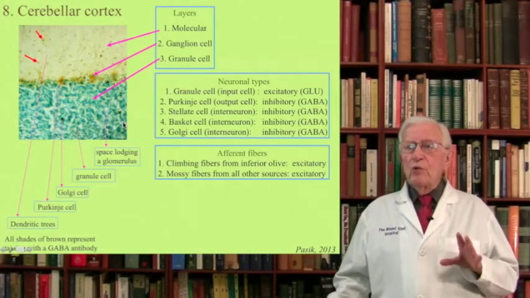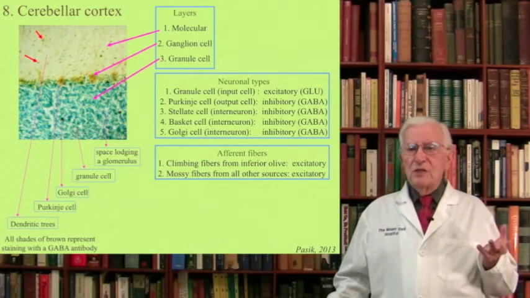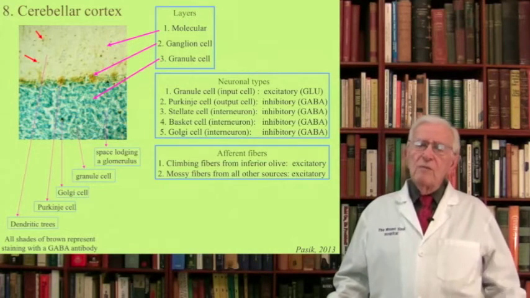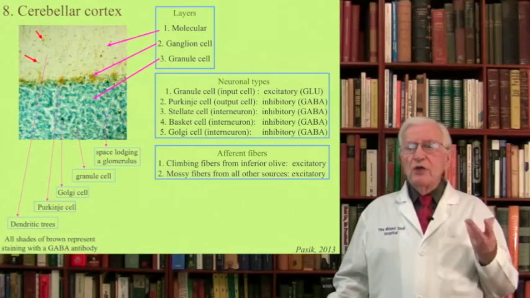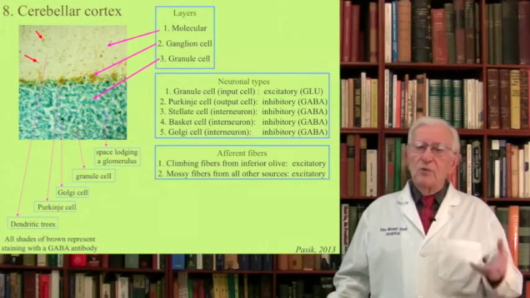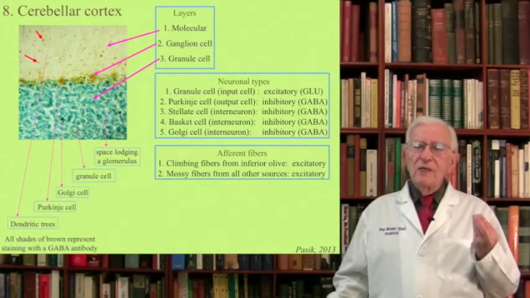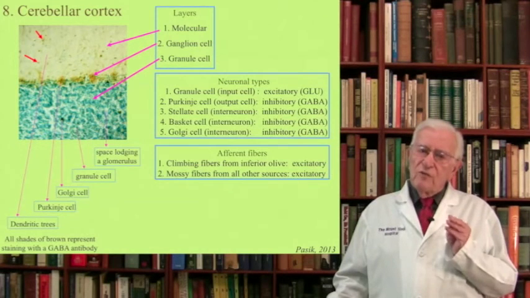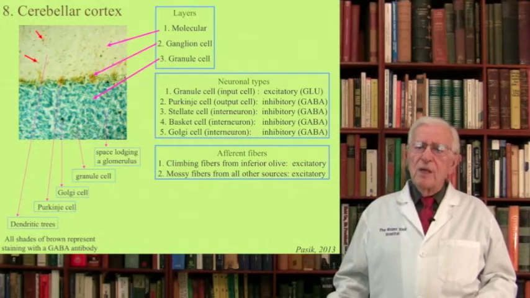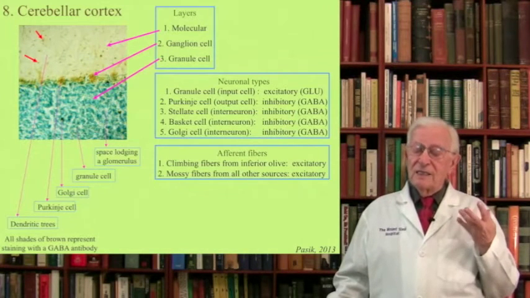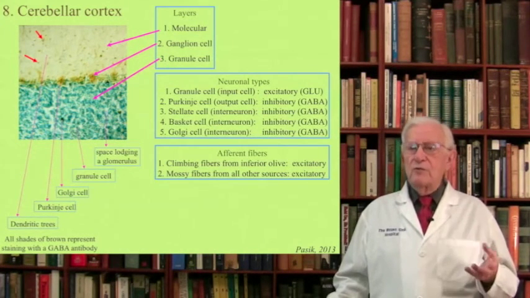In addition to the neuronal types, you have fibers in the cerebellar cortex. First, all the input fibers terminate in the cerebellar cortex in two shapes. One is a climbing fiber, which is a fiber that actually climbs the dendritic tree of the Purkinje cell. It's excitatory and comes from the inferior olive exclusively.